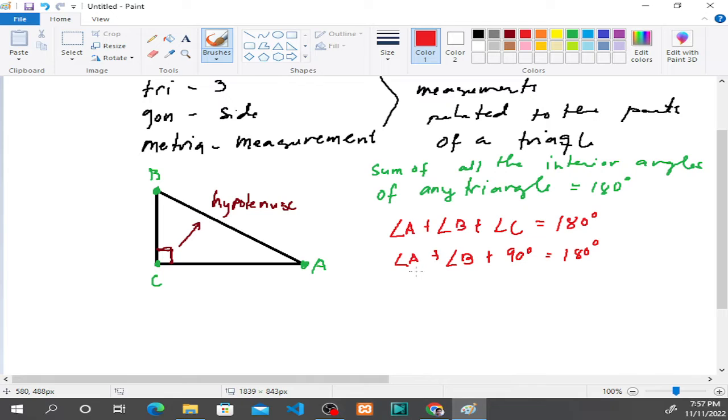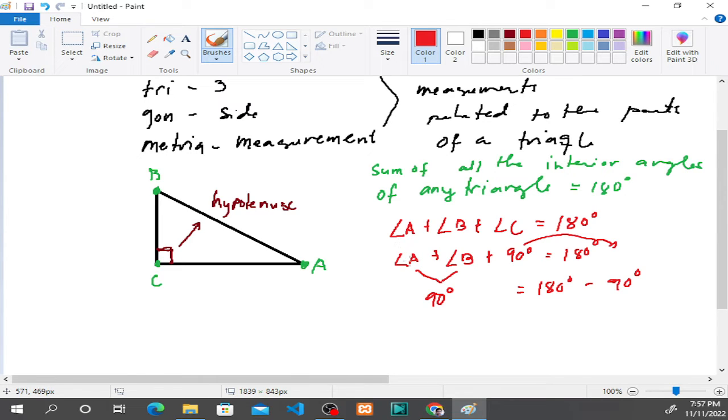When they add up to 90 degrees, because if you transpose the 90 to the other side, we subtract 90 from both sides of the equation, and it will result in 90.